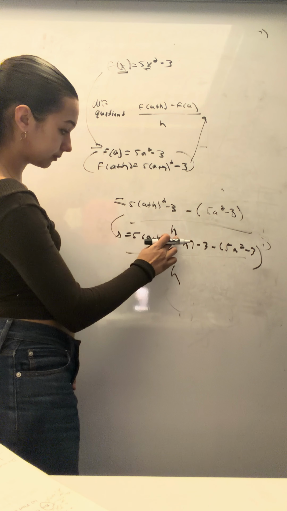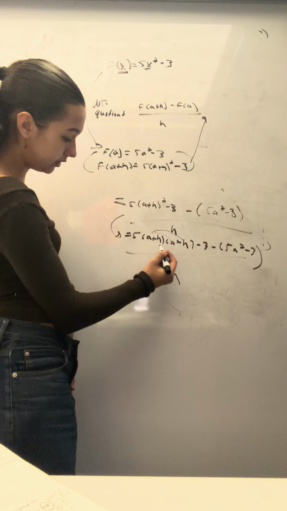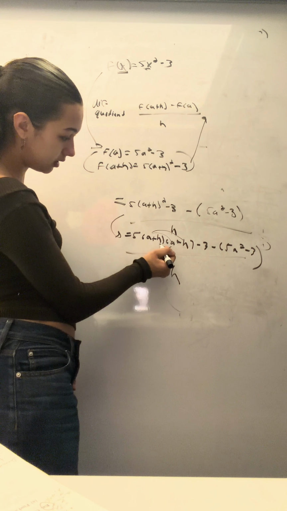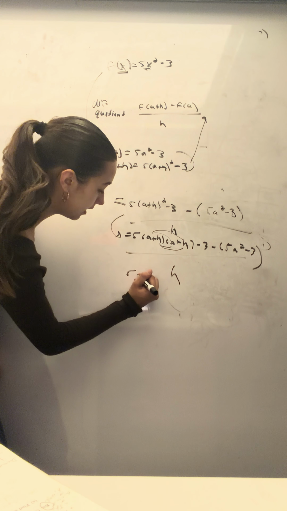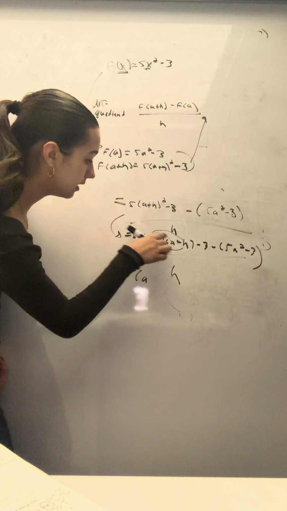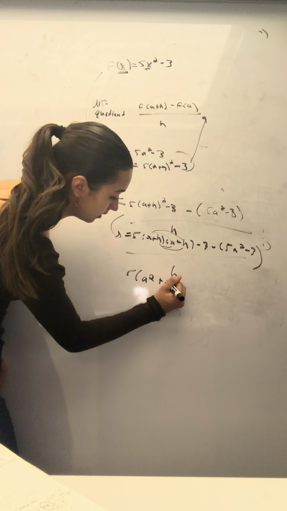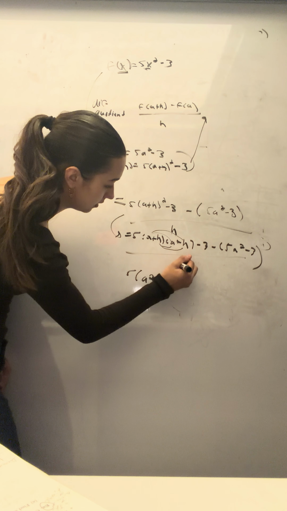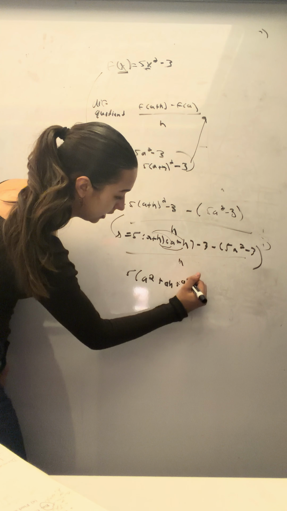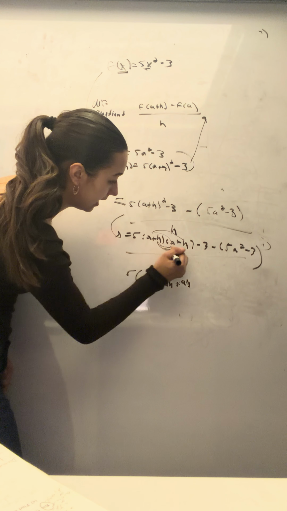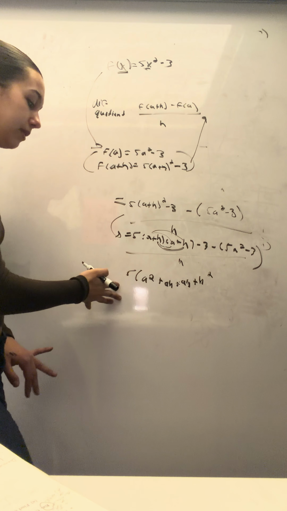Anyway, so a times a, a times h, h times a, h times h. So we have 5 times a times a, so a squared, plus a times h, plus h times a, which is the same thing as ah, just a different order, and h times h, which is h squared, so plus h squared, and just drop down all your other terms.